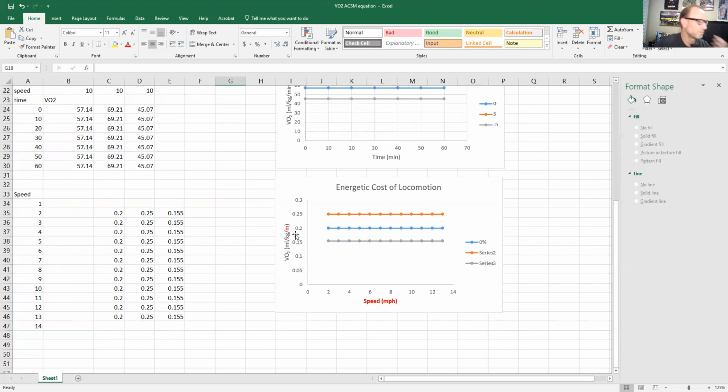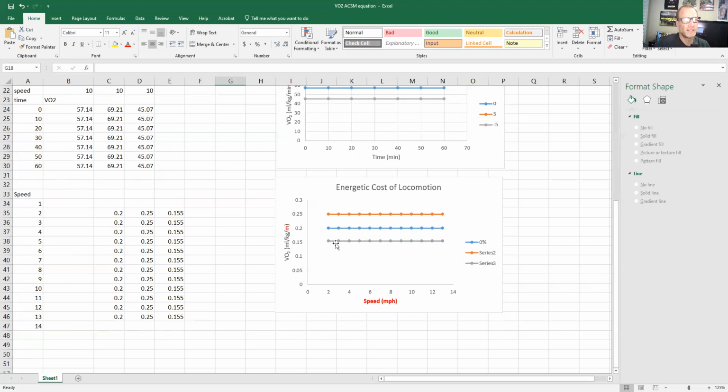And this is going to be important for us to understand the advantage of this. But look at this, the volume of oxygen consumed is constant for all these speeds, constant at running level and constant at running downhill. What we'll discover as we go through this class is the volume of oxygen consumed per distance equates to calories used.